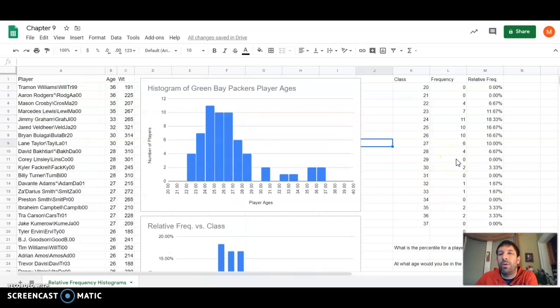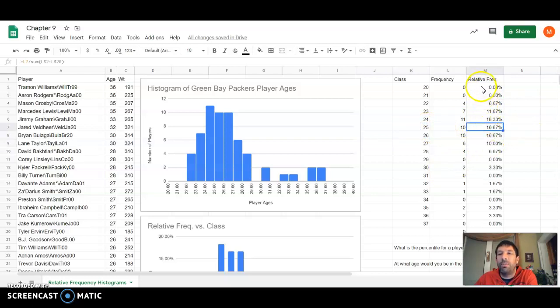Okay, so the easiest way to do that from my table up here, using our definition again, is we want to know what percentage of the players are less than 25 years old. So here's 25 years old.